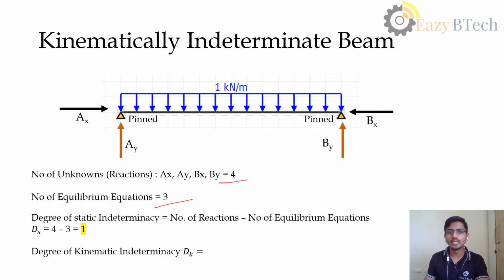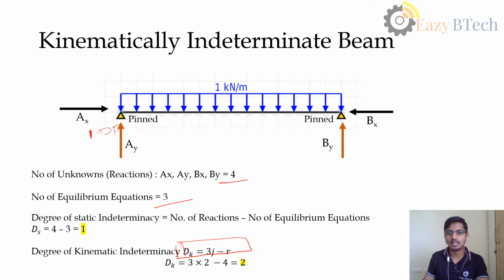Now to find the degree of kinematic indeterminacy, the same formula can be applied here. Either we can use the formula method, or we can just find out how many degrees of freedom there are at each end. First, this is the pinned end. We have 1 degree of freedom because it is free to rotate about this point.